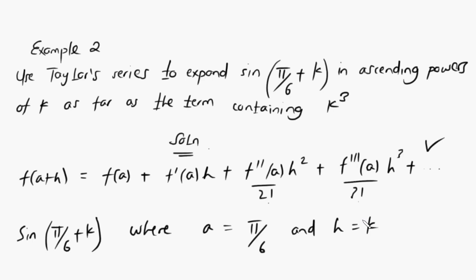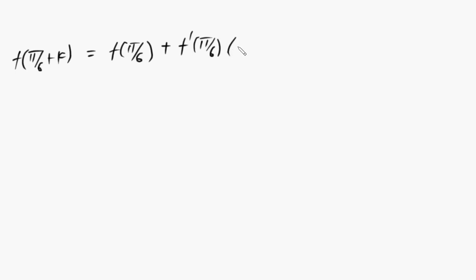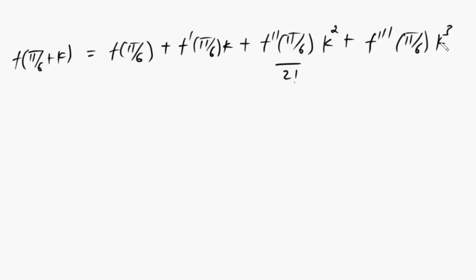So if I expand, my f of (pi over 6 plus k) is just going to be f of pi over 6 plus f dash of pi over 6 times k, plus the second derivative of f of pi over 6 over 2 factorial times k squared, plus, since it says to expand up to k power 3, the last term in our expansion will be f triple dash of pi over 6 times k power 3 over 3 factorial. If I continue it would be k power 4, but it wants us to expand only up to k power 3.